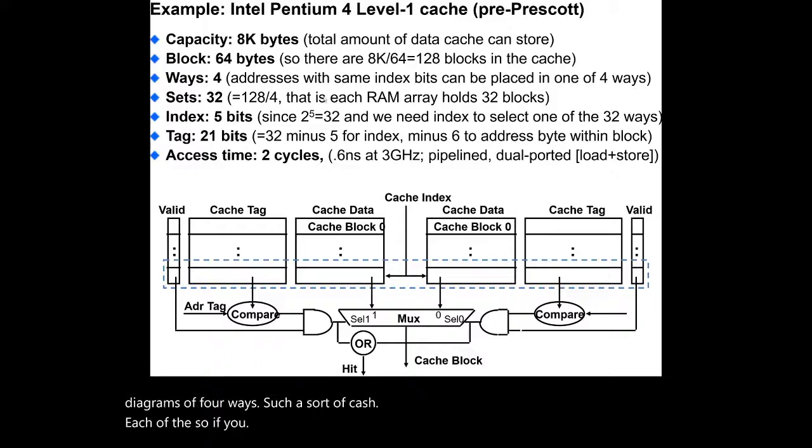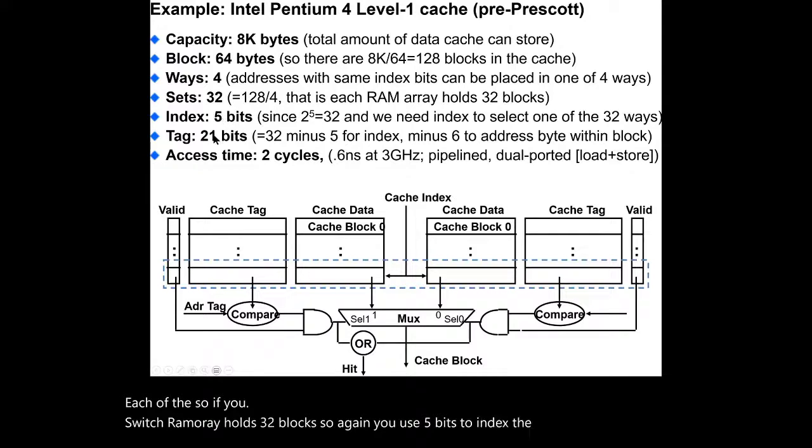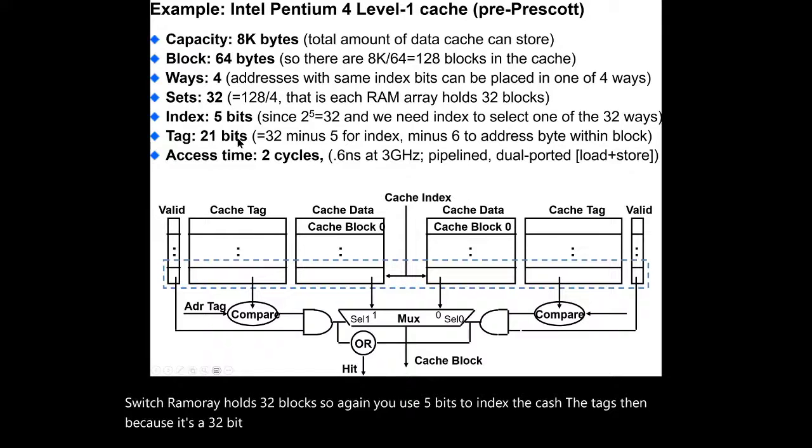Each RAM array holds 32 blocks. So again, you use 5 bits to index the cache. The tags then, because it's a 32-bit processor, end up being 21 bits long, because we've got 32 bits, but we take off 5 for the index.